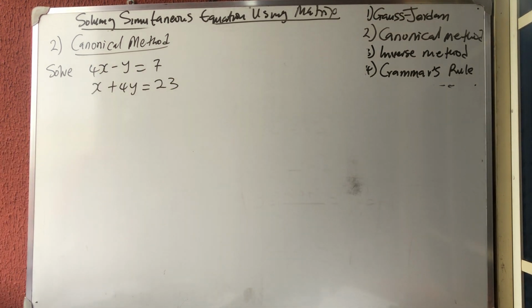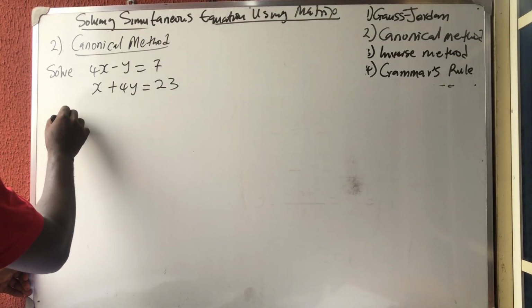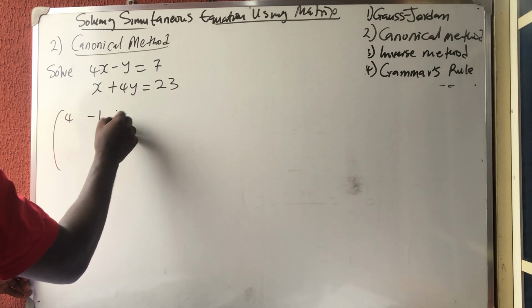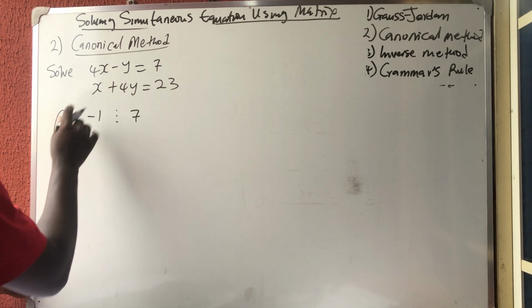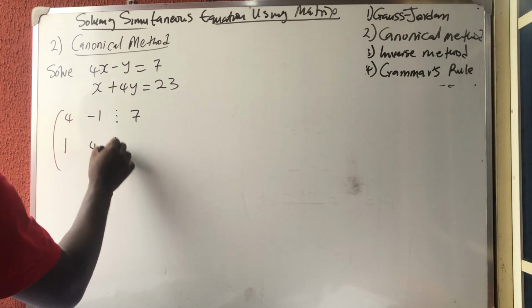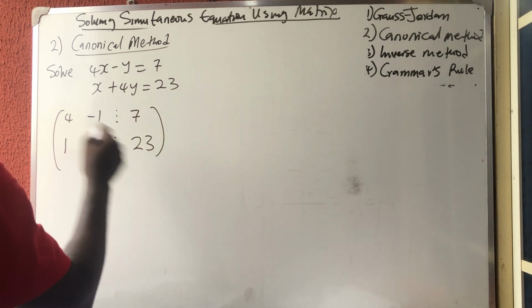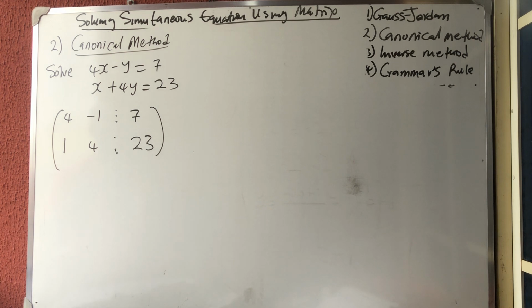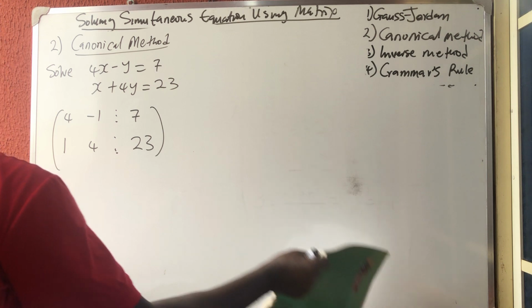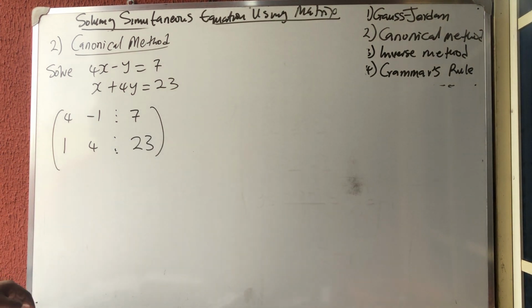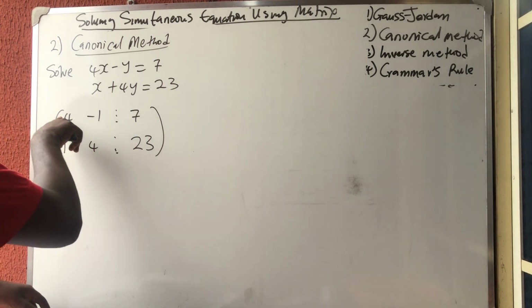Okay, now it's the same method. Let us bring our matrix. I'm having 4, -1, dot dot dot, 7. Don't forget the coefficient here is 1, 4, dot dot dot, 23. But in this one now, you are getting an identity matrix, in which here will be 1, here will be 1.